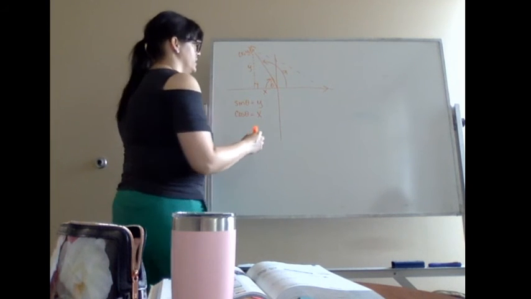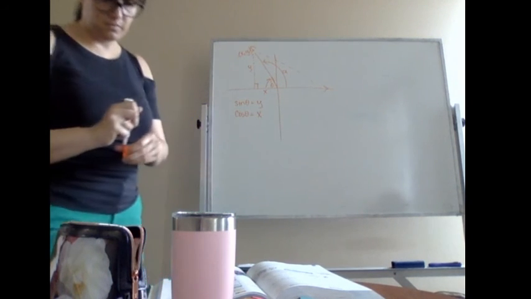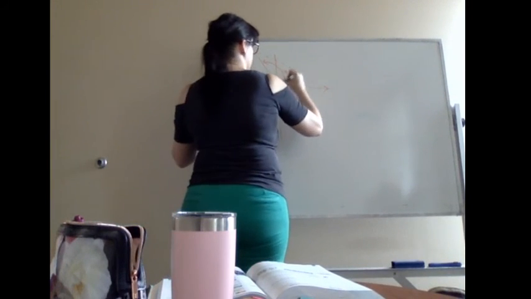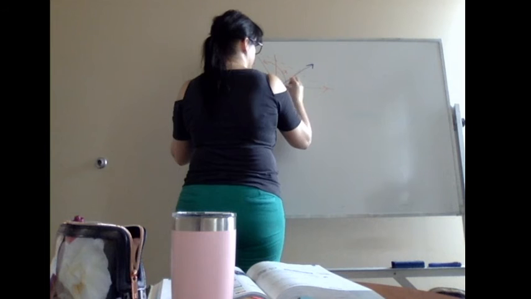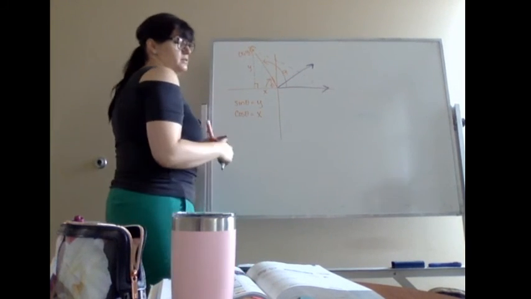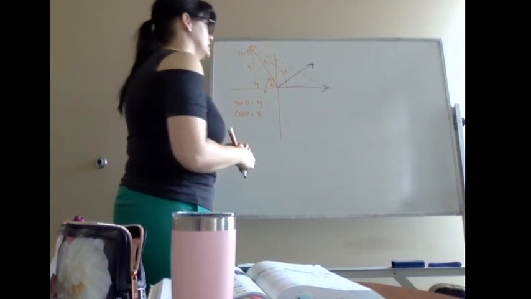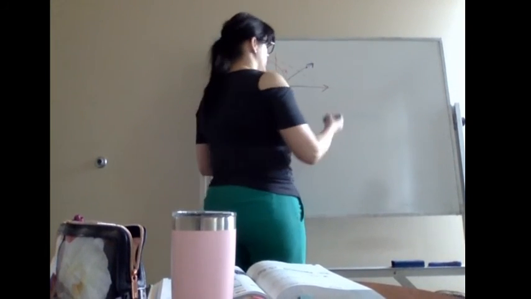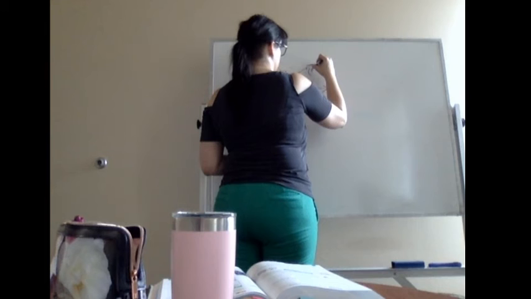So if I had this angle right there, and I know this point, let's call this point rad 2 over 2, rad 2 over 2.